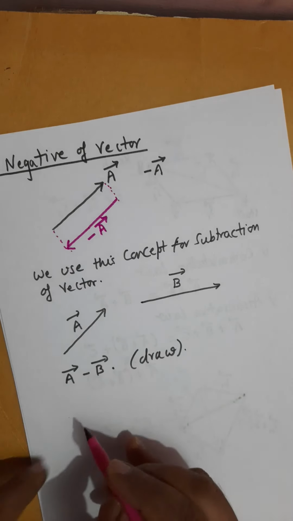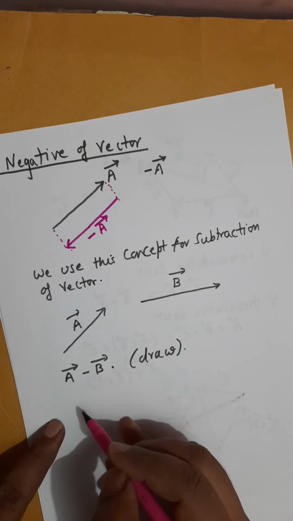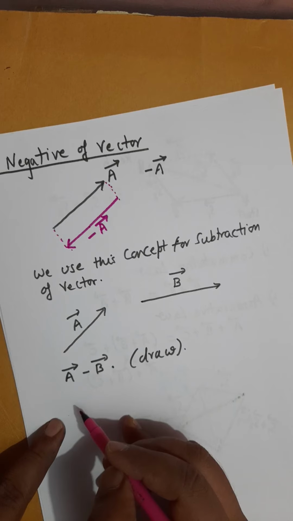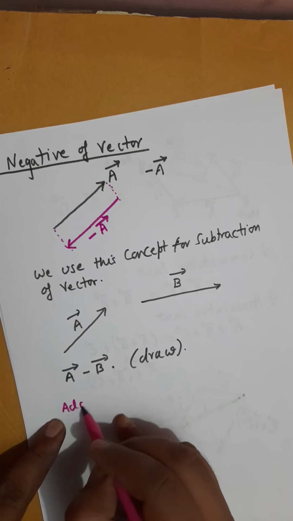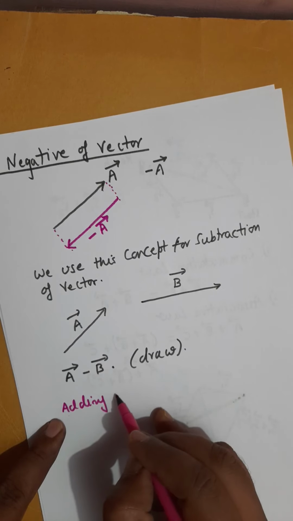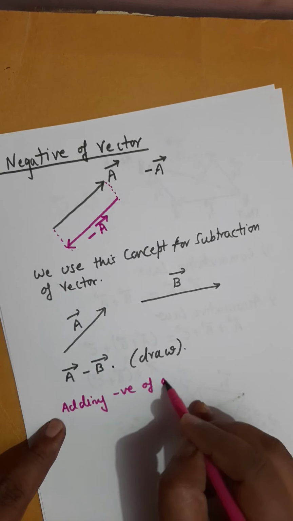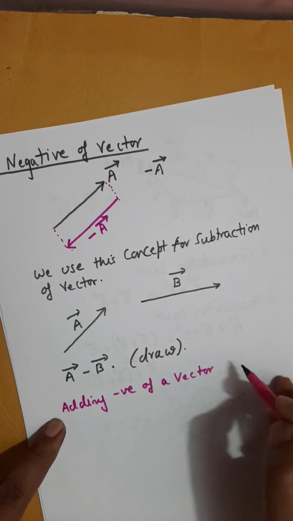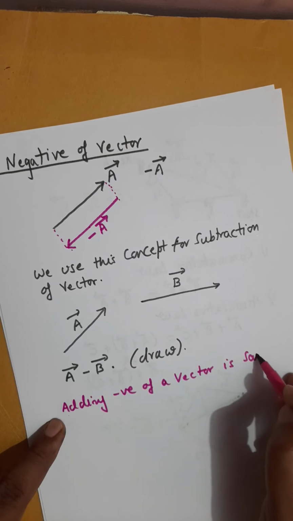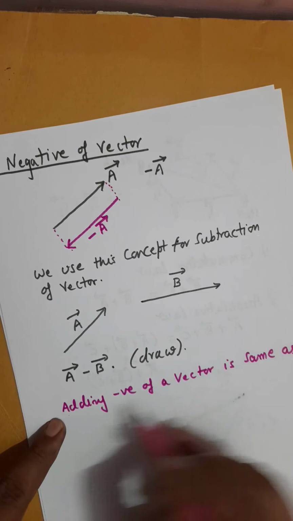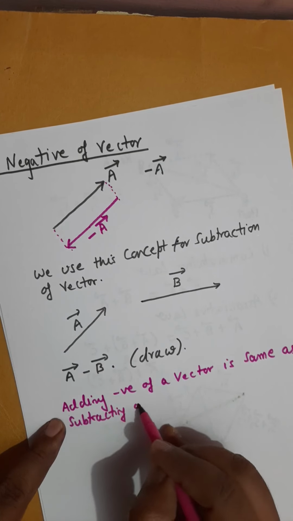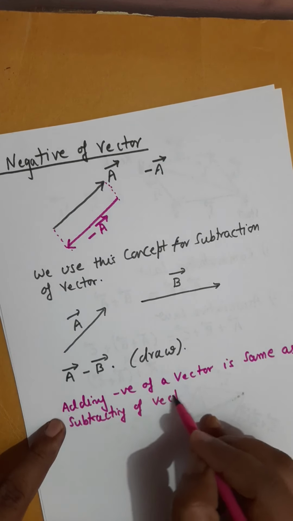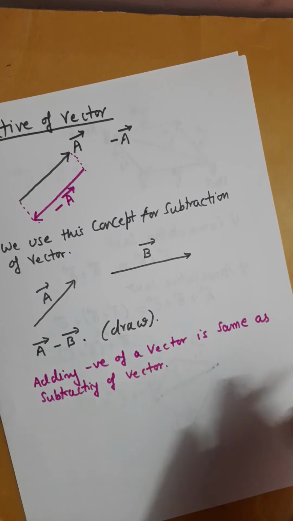Now notice this one point, that adding negative of a vector is the same as subtraction of vector. Both are similar. Right?